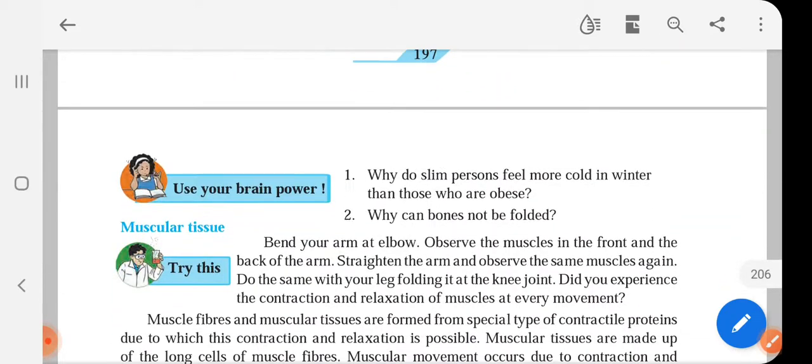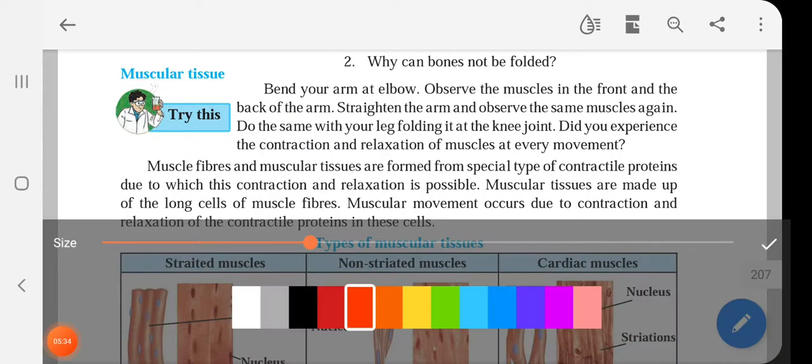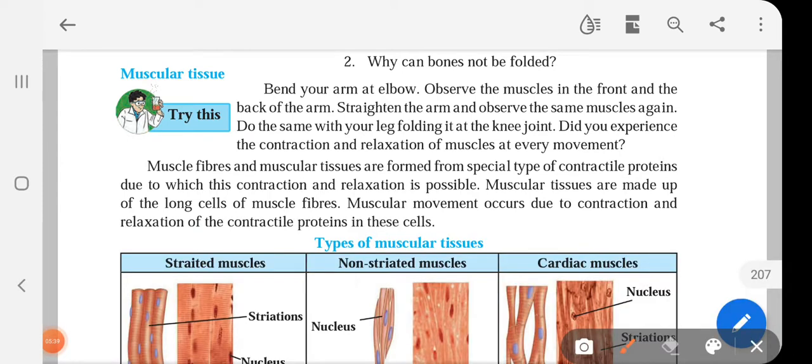Now moving ahead, let us talk about another important animal tissue, muscular tissue. Here muscle fibers and muscular tissues are formed from a special type of contractile proteins, due to which contraction and relaxation is possible.